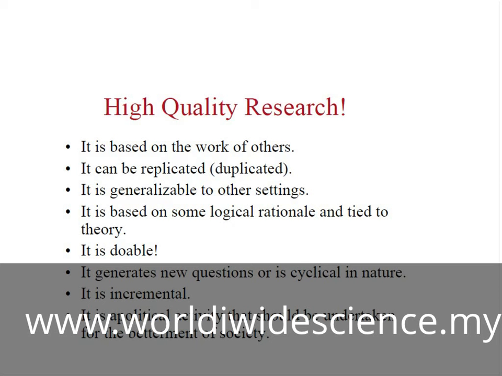Another thing, if you don't do the work based on the others, if you don't have enough reading and literature review, sometimes you do duplicate research. It means that you do something that before this has been done by others. So it's very bad, and this research cannot have any benefit or point for others. So all of these things will be avoided by doing good literature review, all right?